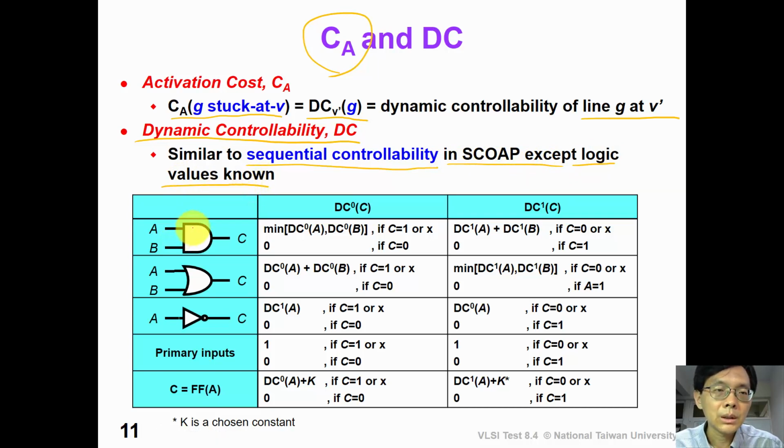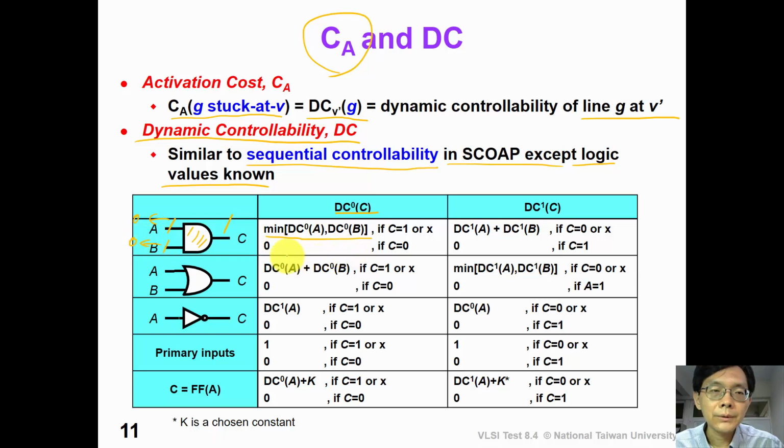For example, given this AND gate with output C and input A, B, if output C is 1, when we want to control C to 0, DC0 of C is equal to the minimum of DC0 of A and DC0 of B. That means we need to either flip A to 0 or we need to flip B to 0.